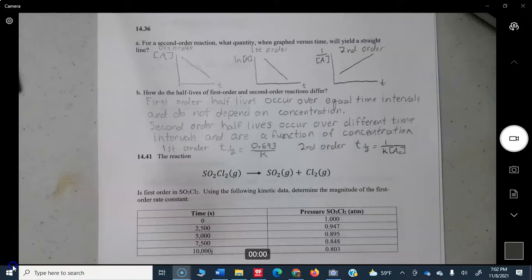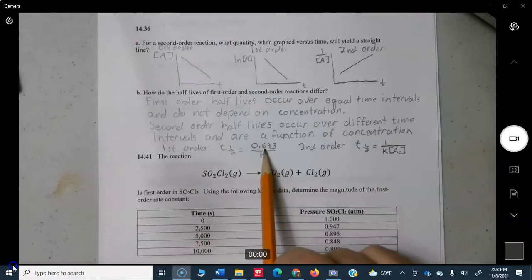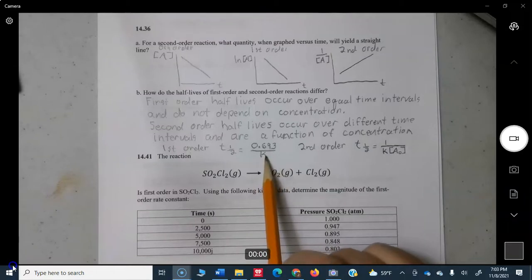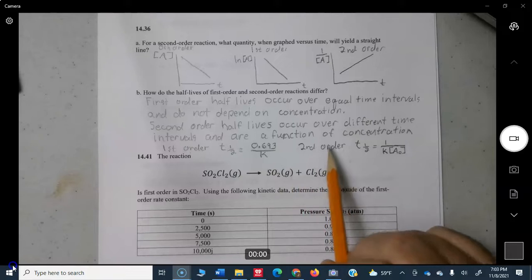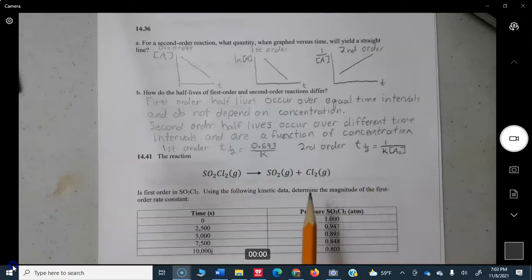Second order half-lives occur over different time intervals and are a function of concentration. Notice that in the half-life for first order, the concentration of the reactant is nowhere listed. It's simply this fixed number, 0.693, over the rate constant, which is constant. So it's going to be a constant time interval. For second order, the half-life is 1 over the rate constant times the initial concentration. So that makes a difference.